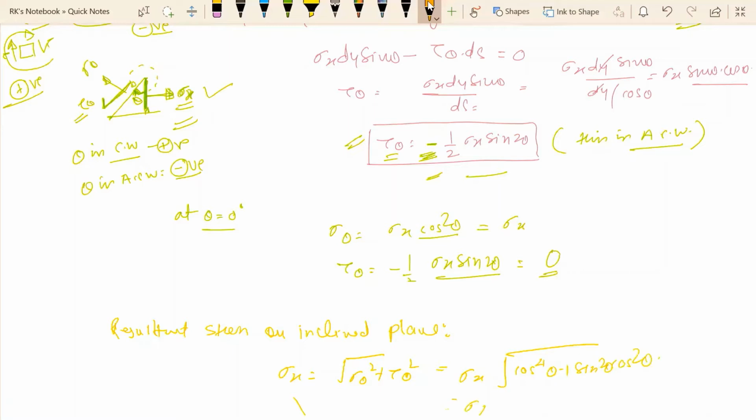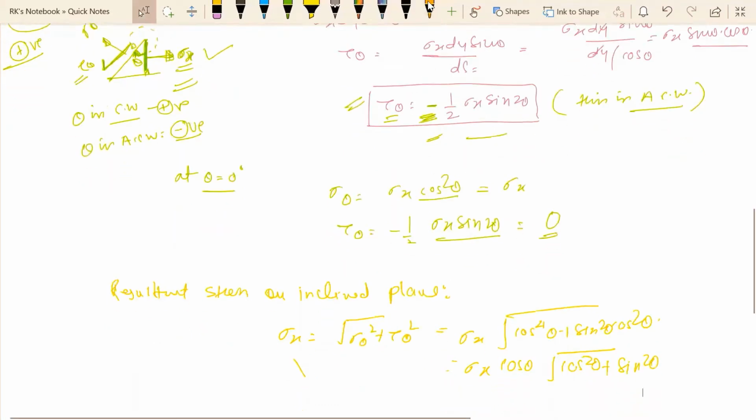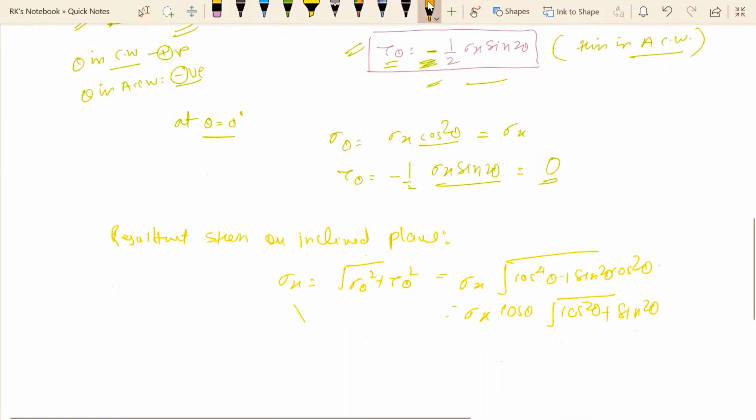If we take cos square theta common, this becomes cos square theta plus sine square theta, which is 1. This becomes sigma x cos theta. So the resultant stress sigma r is equal to sigma x cos theta.